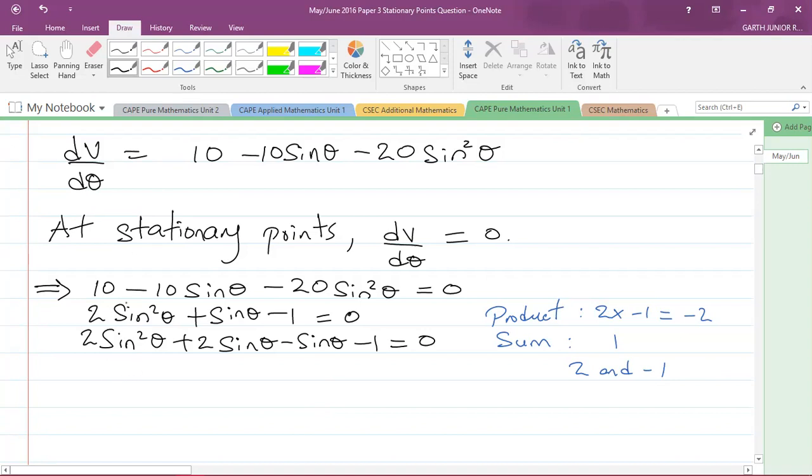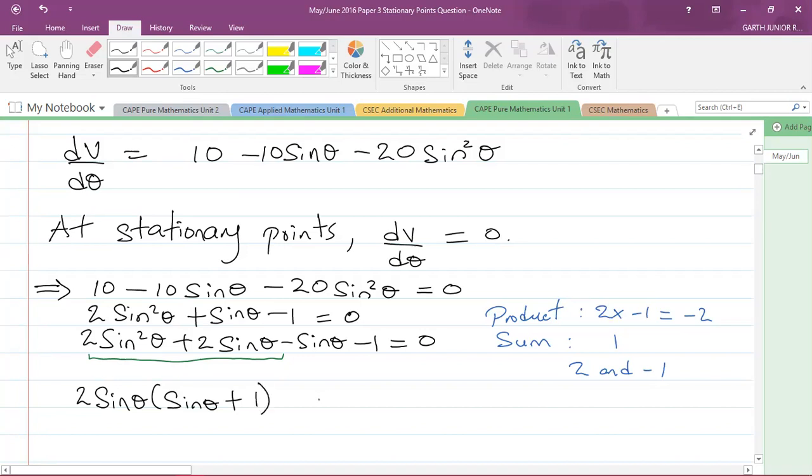Now, if you look carefully for the first two terms here, you recognize that 2 is common and sine theta is also common, right? So I can factor out a 2 sine theta there. And if I do that, in brackets I'm going to have sine theta plus 1.